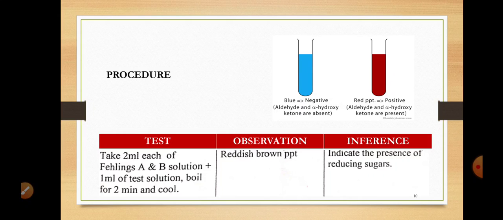If there is no reducing sugar in the carbohydrate, they won't react and there is no formation of a red color. The solution in the test tube, even after heating and cooling, remains blue, whereas if there is a reducing sugar, it definitely reacts with the Fehling's A and B solution, whereby there is a formation of the red precipitate, which in turn indicates the presence of reducing sugar.